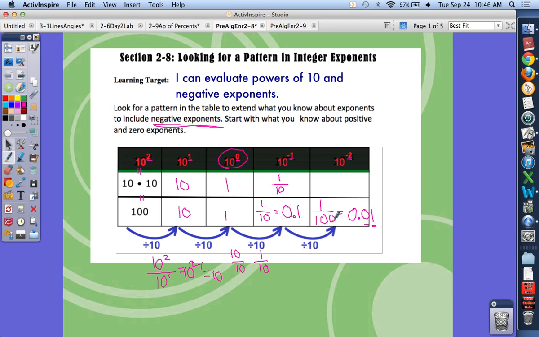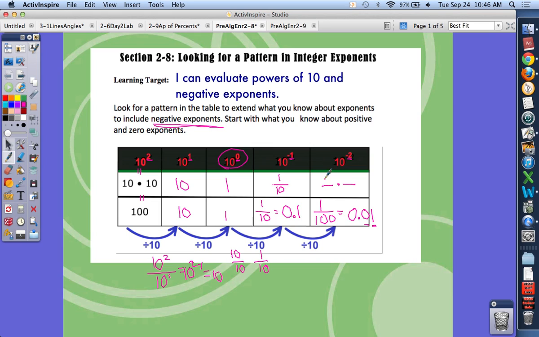Now we're into the negative exponents, so take a look at what it means. 10 to the negative 1 means 1/10. 10 to the negative 2 means 1/100th. Can you write it as something times another something? How do you represent 10 to the negative 2?